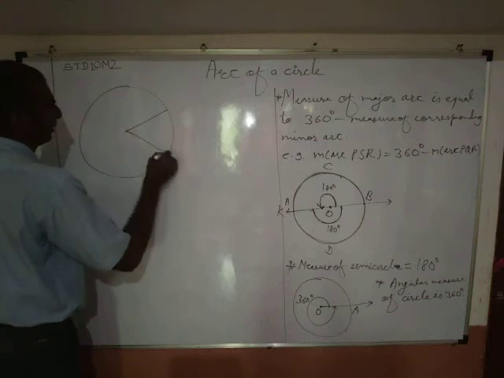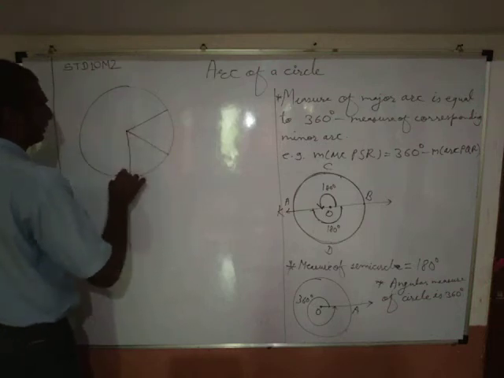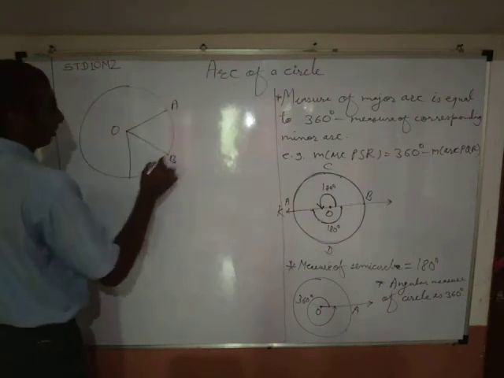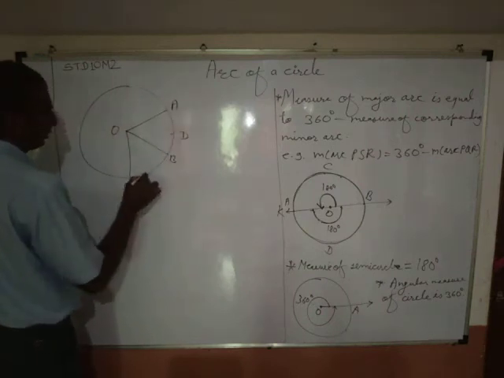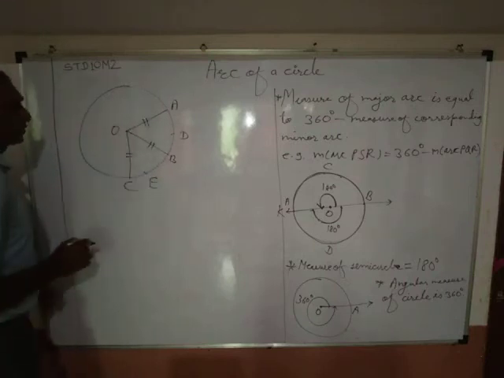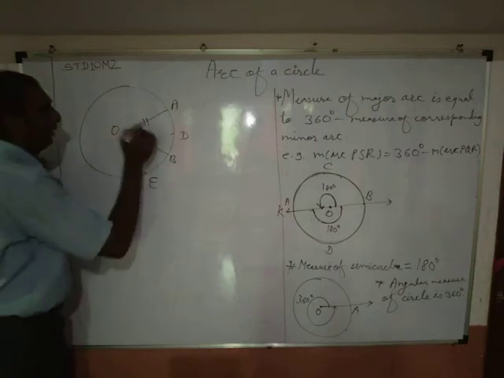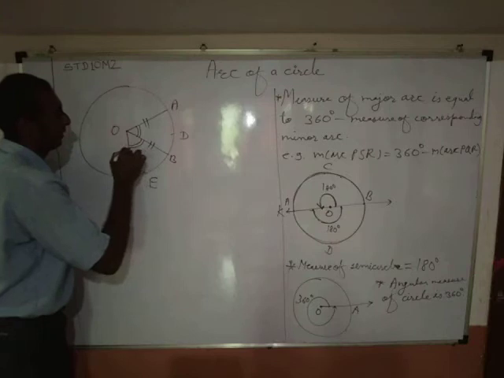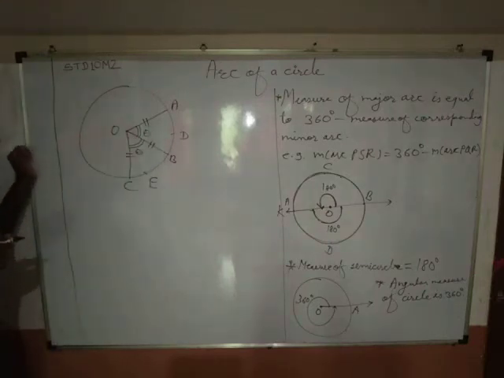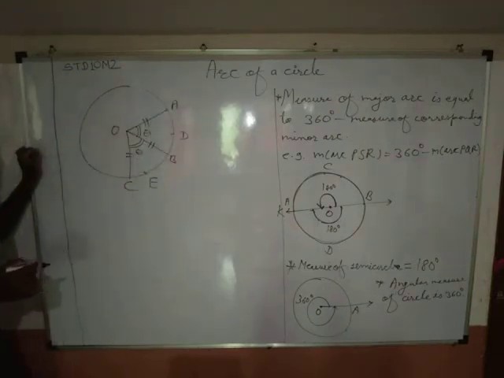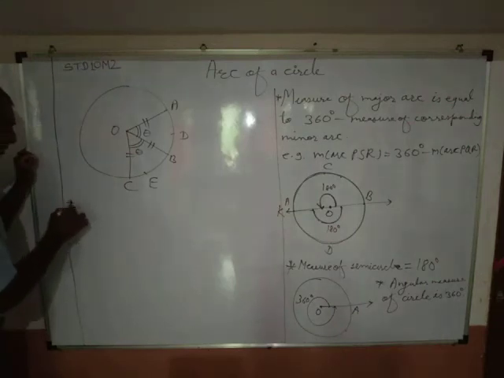If in a circle with center O, OA equals OB equals OC, and if angle AOB equals angle BOC equals theta, in such a case arc ADB is congruent to arc BEC.